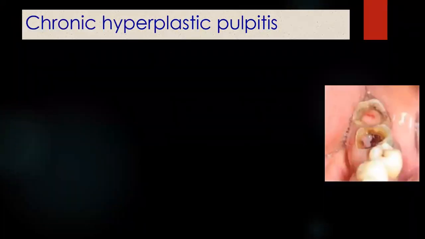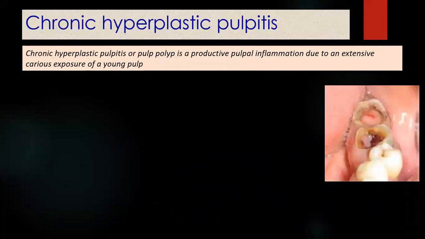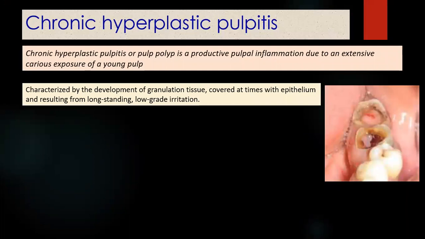Chronic hyperplastic pulpitis is a condition which occurs in young people, due to development of granulation tissue, at times covered with epithelium, and results in a long-standing low-grade irritation.